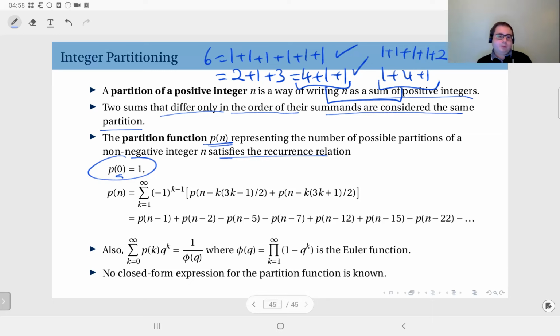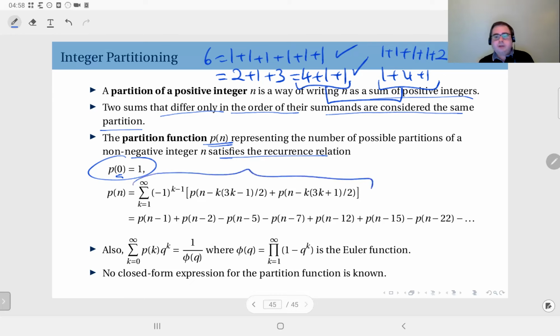So the empty sum is 1, therefore we say that the partition function of 0 is 1. Well, P of 1 is also 1, but usually the base case starts from 0, and P of n is equal to this expression here.